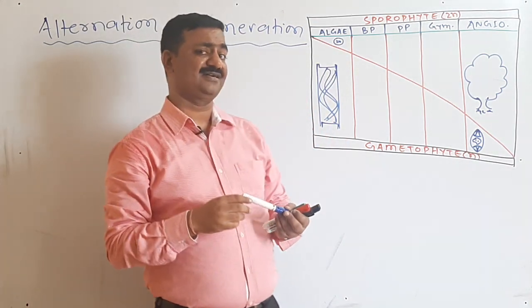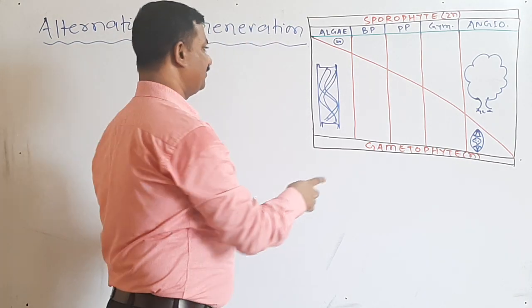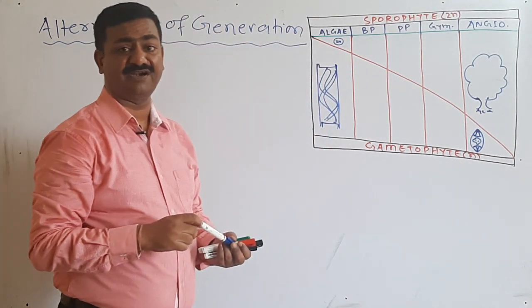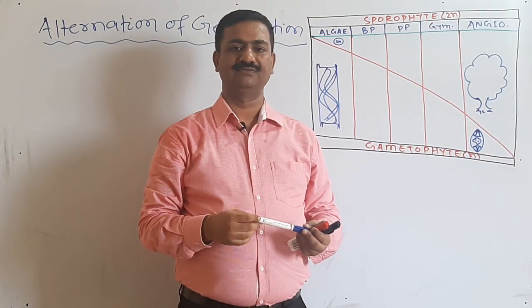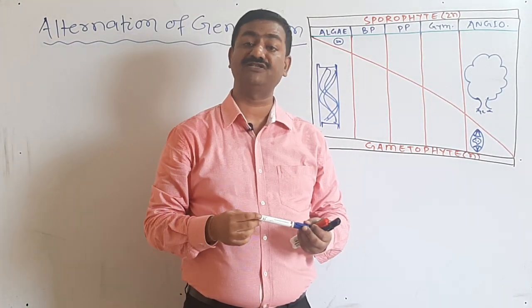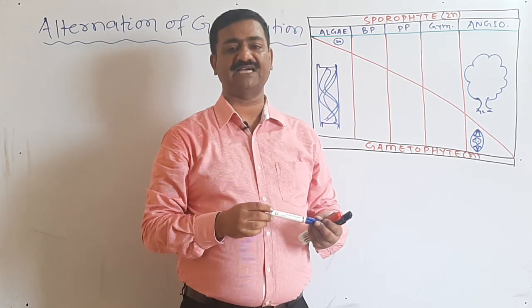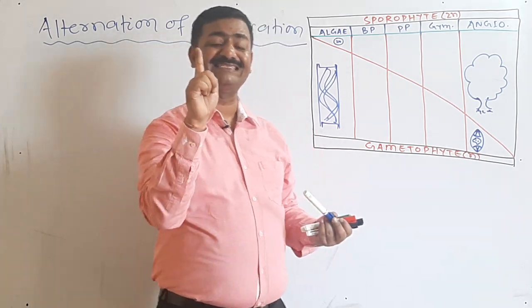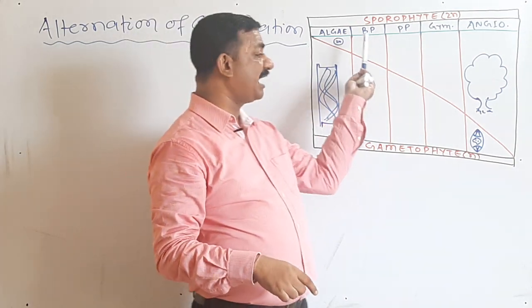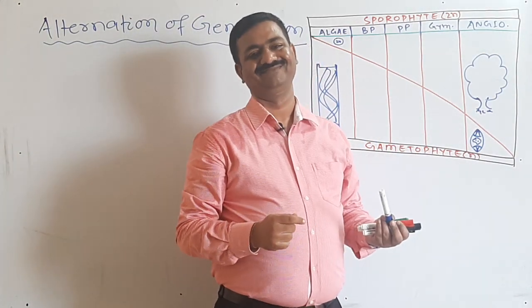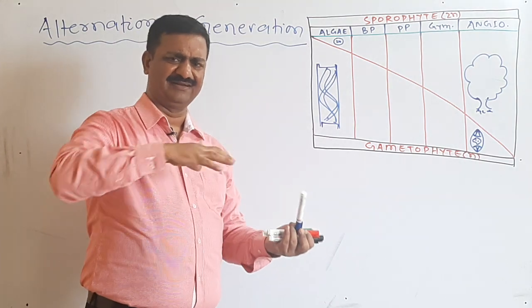On the other hand, the sporophytic plant body is a single-cell structure. Yes, this question has come in AIIMS and in NEET several times. A single-cell sporophyte is found only in algae. What is the very reverse condition?